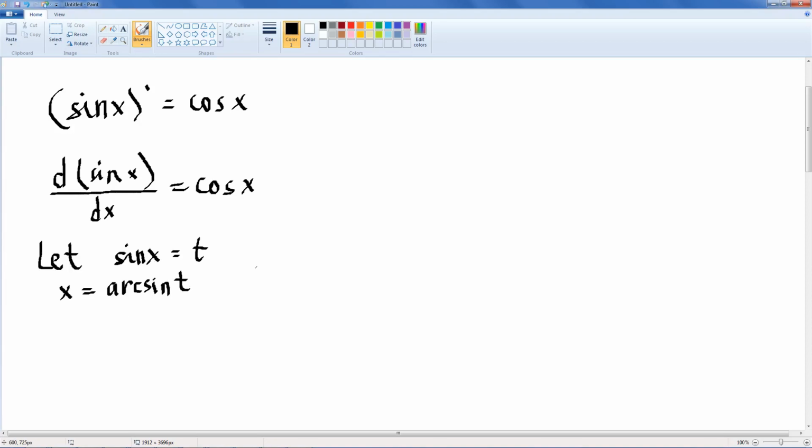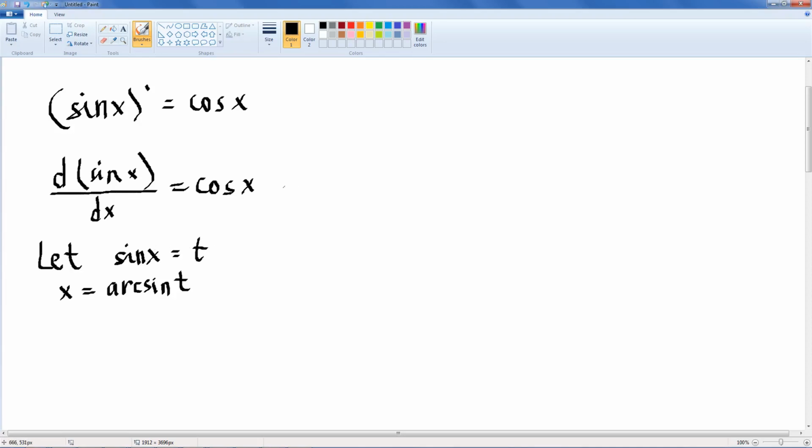And now what about cosine? So we want to express cosine x in terms of t, and for that, we actually want to write it in terms of sine x, because we only have t for sine x.